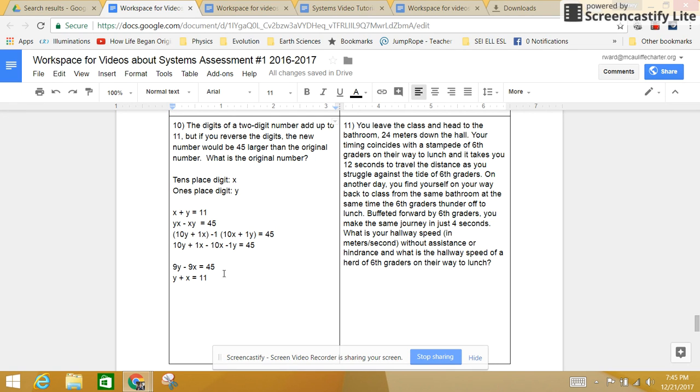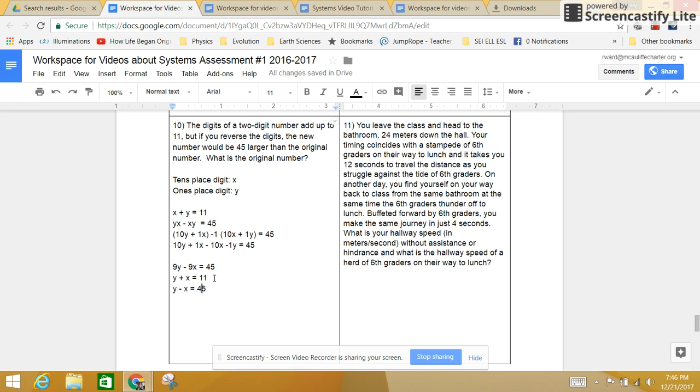I have two choices. I can multiply everything on this one by 9, or I could factor 9 out of everything here. I'm going to do that because I think that'll be easier. So I'm going to copy this down here. If I factor 9 out of 9y, it's just y. If I factor 9 out of negative 9x, it's just x.